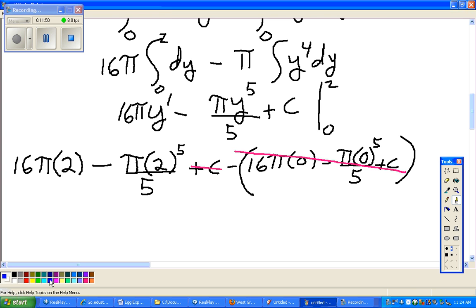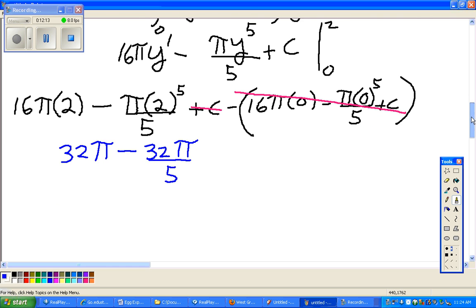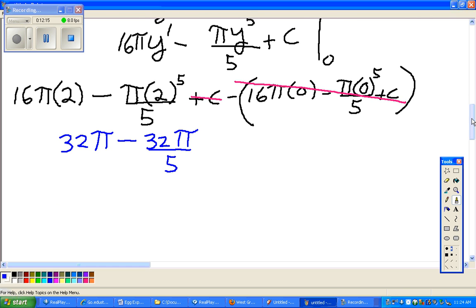So 2 times 16, 32 pi. 2 to the fifth is also 32. I need to get common denominators. Put a 5 here, 5 here.